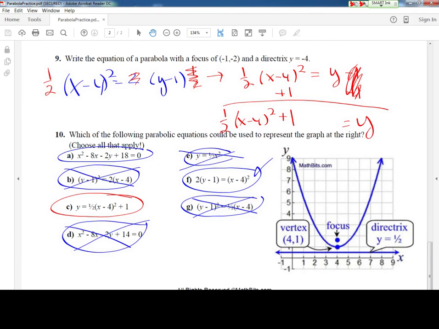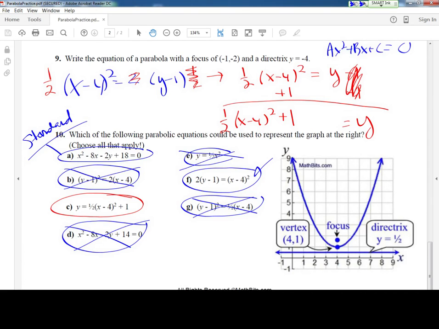Now, I want to point out some things real quick. I knew there was going to be at least 3 of them because this one is in your standard form. Do you remember when you did ax squared plus bx plus c? That's the standard form.